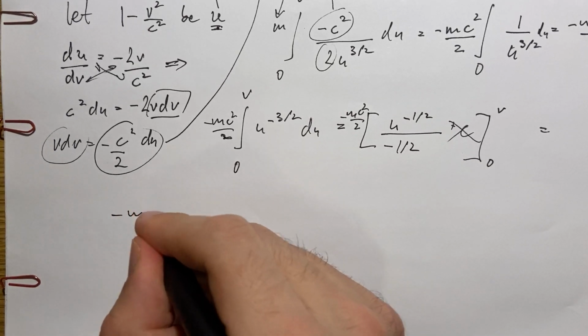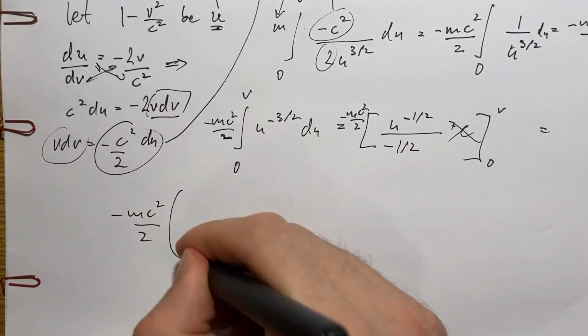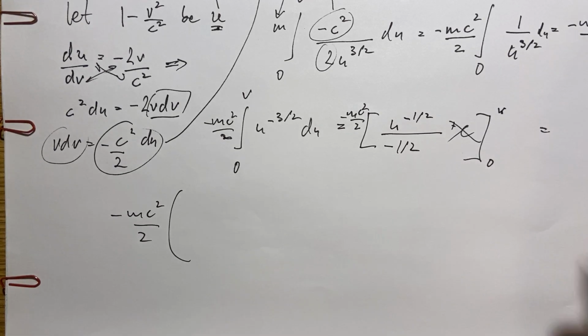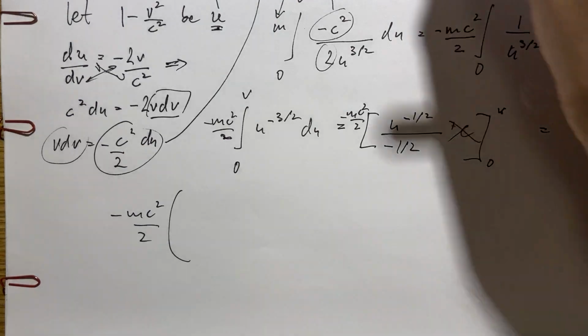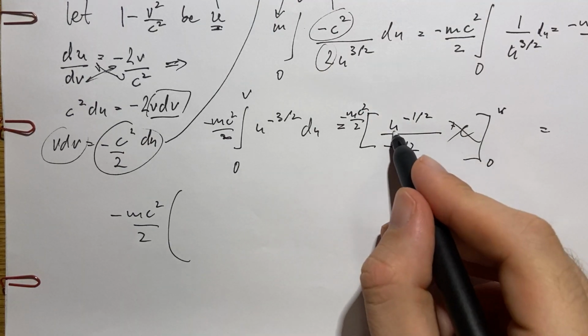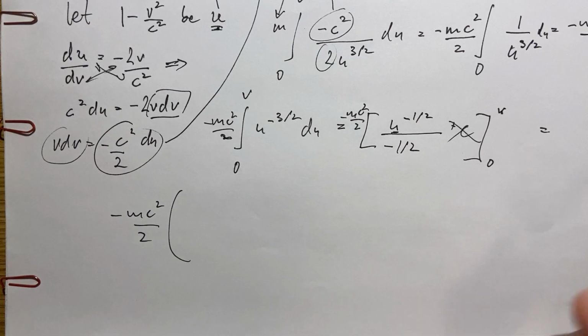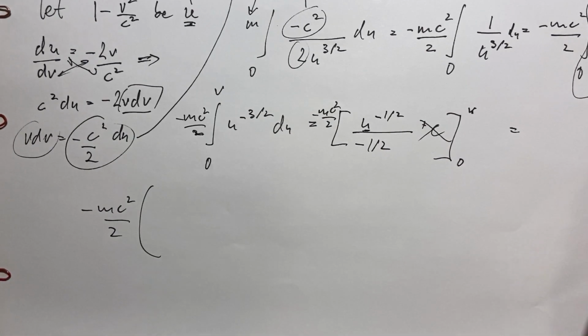So it would give us minus mc squared divided by 2 times, with upper limit v, oh yeah, we need to substitute it back in. But we can make this simpler, of course.